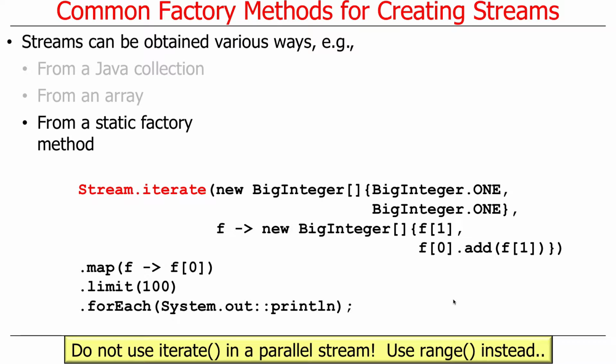Here's another static factory method. This is a really funky, interesting example. This is Stream.iterate. Stream is the interface, and iterate is a method that's used to create an infinite-sized stream. So this stream will go on forever until you tell it to stop. Let's take a look at how we might do this.